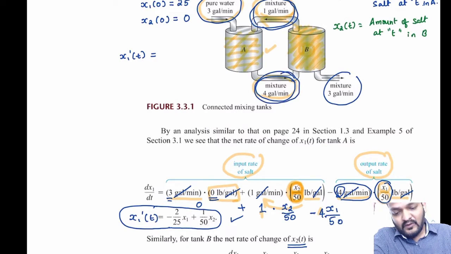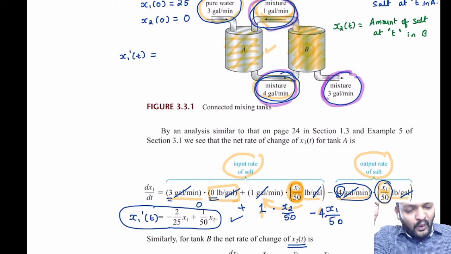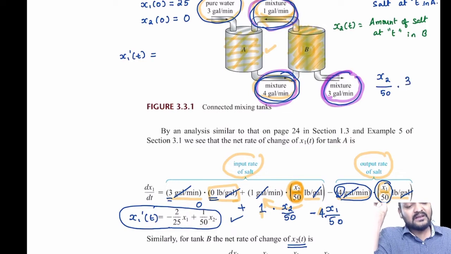So let me use a different color. It's losing here and gaining through this. And how much is it losing? Whatever is the current concentration, which is x2 over 50, times 3 gallons per minute. It's losing 3x2 over 50.